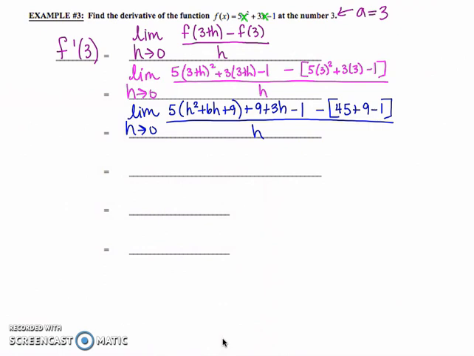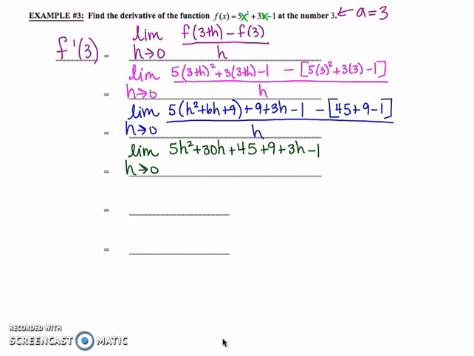Okay, in the next step, I'm going to distribute the 5 and distribute the negative through the bracket. So I'm going to have the limit as h approaches 0 of 5h squared plus 30h plus 45 plus 9 plus 3h minus 1.